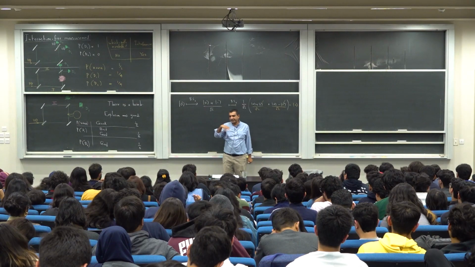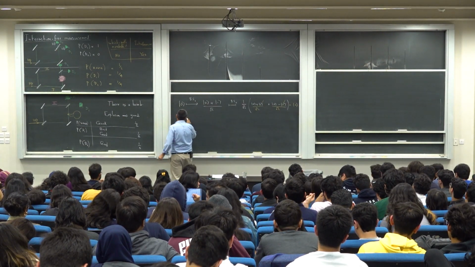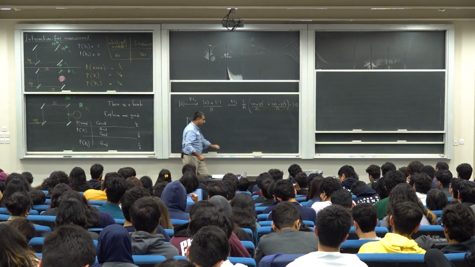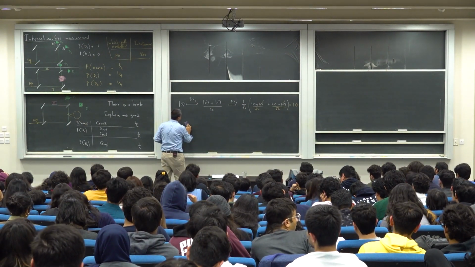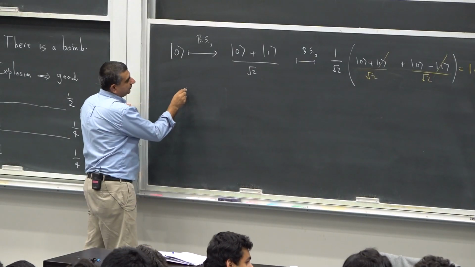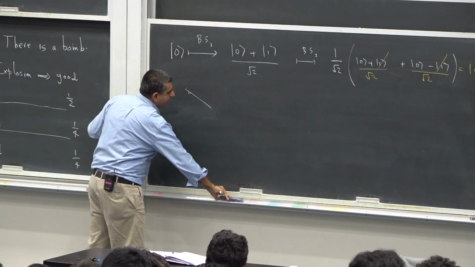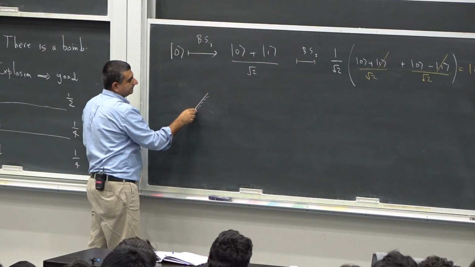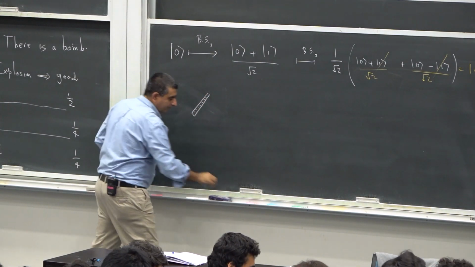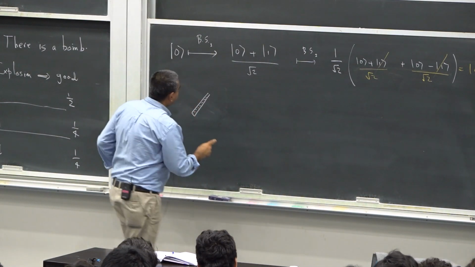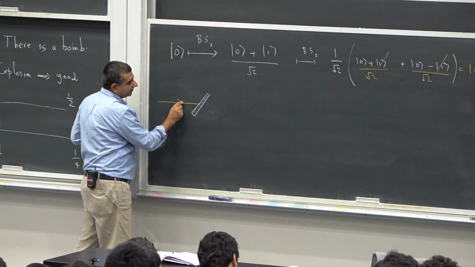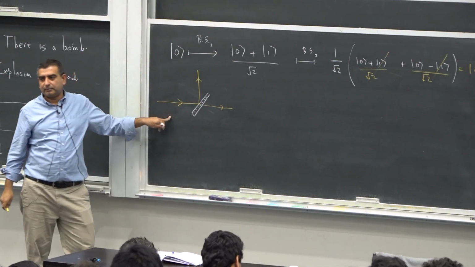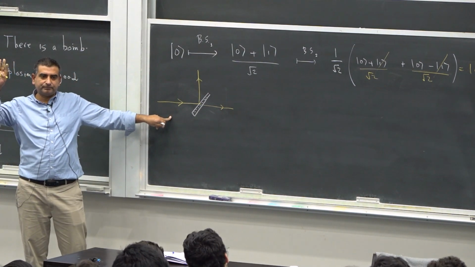So that's the action of a beam splitter. What the beam splitter does, it creates a superposition. So one way in which the beam splitter can work: if a photon comes in through this path, this beam splitter has two input ports.